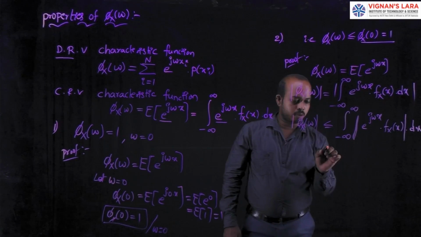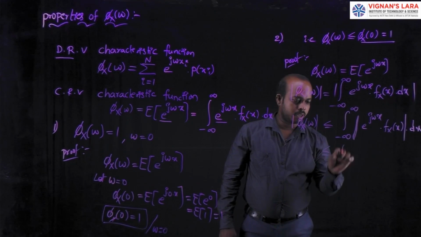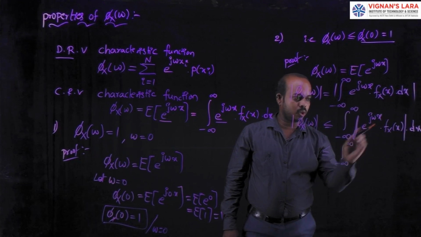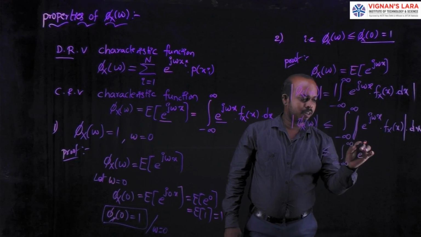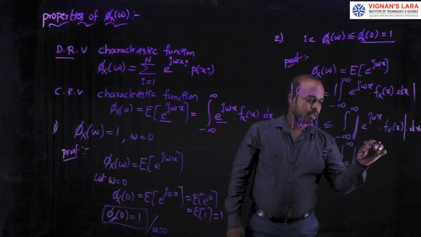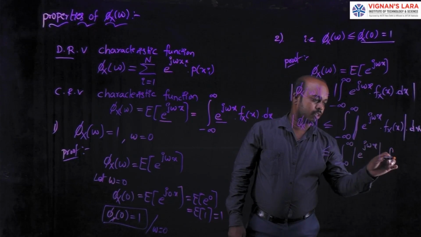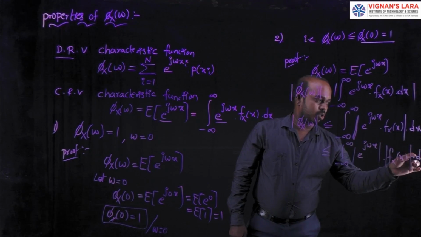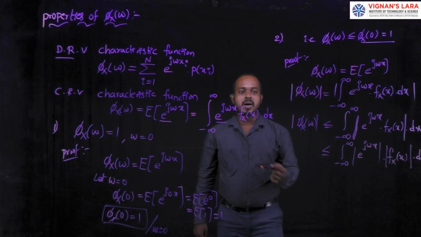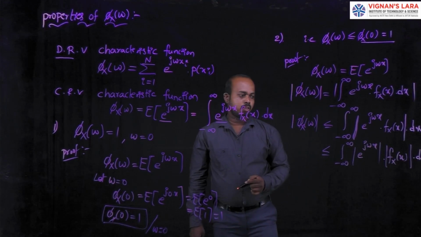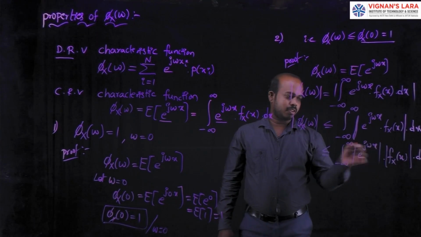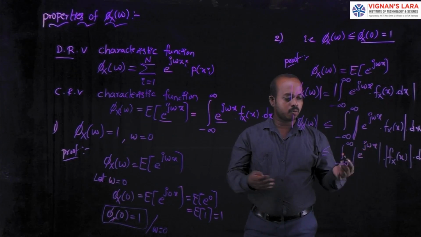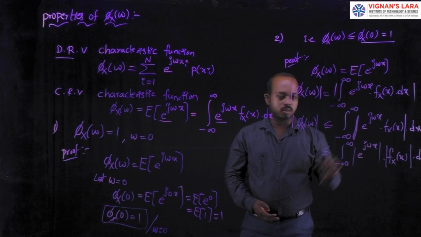Now I am splitting this modulus: it is less than or equal to the integral from minus infinity to plus infinity of the modulus of e power j omega x, and the density function is also in the modulus. This modulus represents the magnitude of a term. Here the term is e power j omega x. How do we find the magnitude of this term?